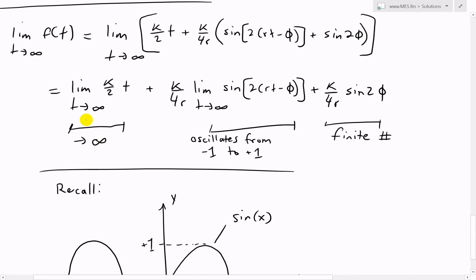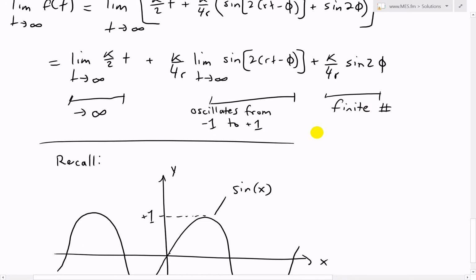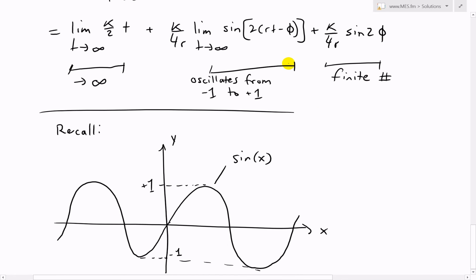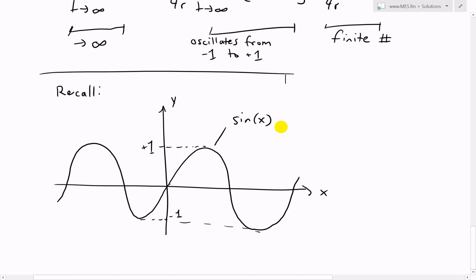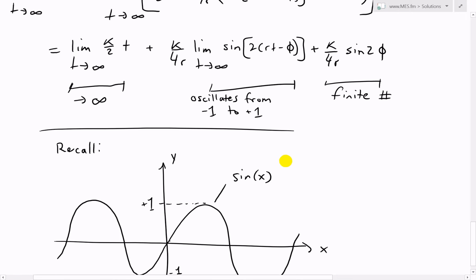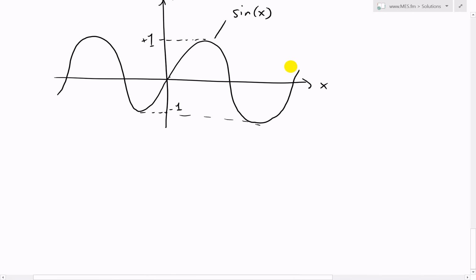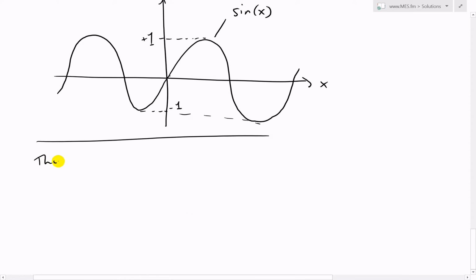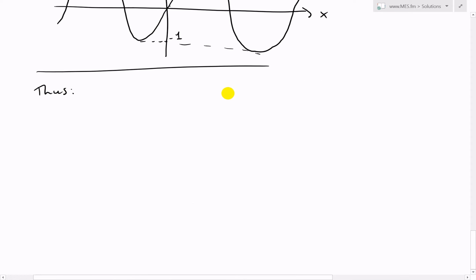The whole thing is approaching infinity, plus or minus 1 or a number in between, plus another finite number, so infinity just overtakes everything. Infinity minus negative 1 is not going to change anything, and infinity plus 1 won't change anything either. So thus the limit as t approaches infinity of f of t equals infinity.